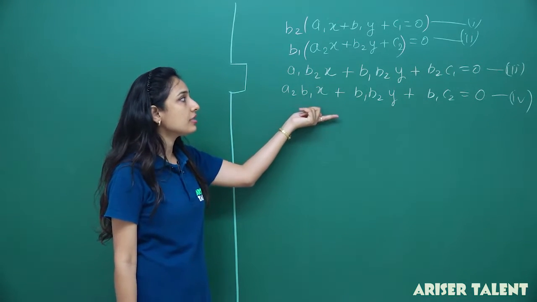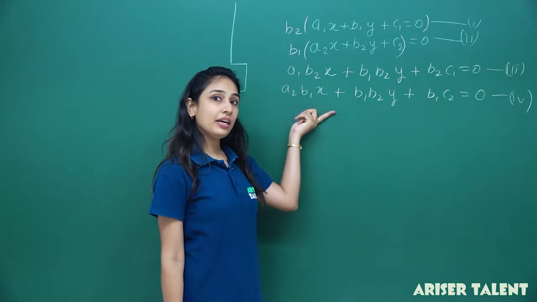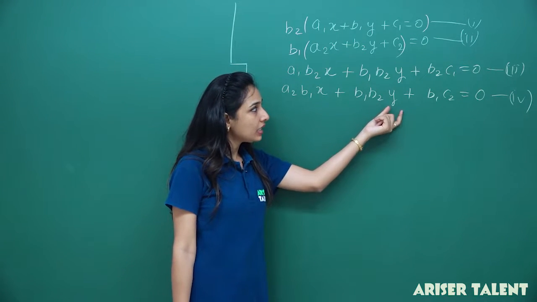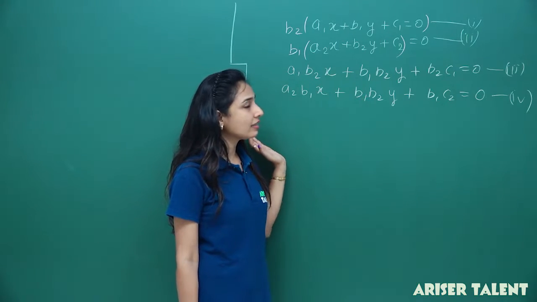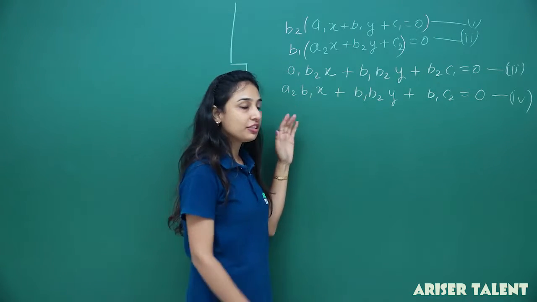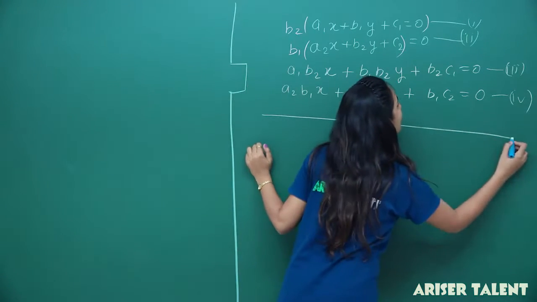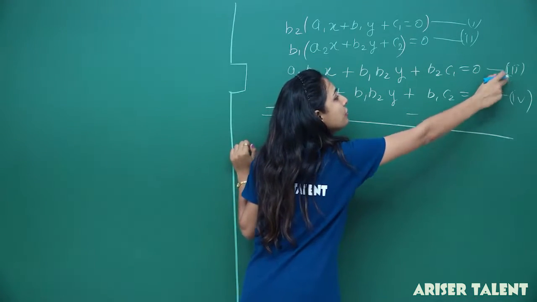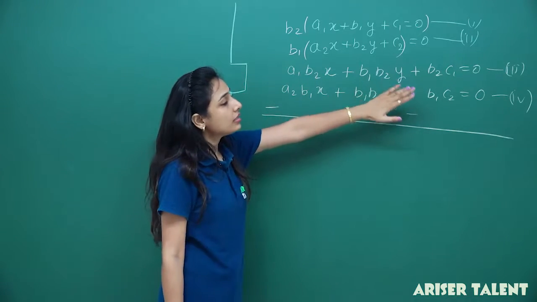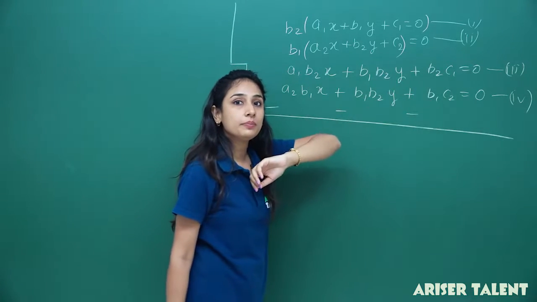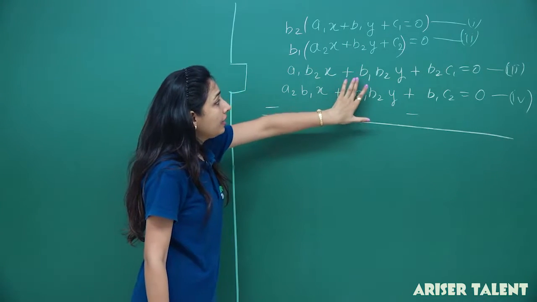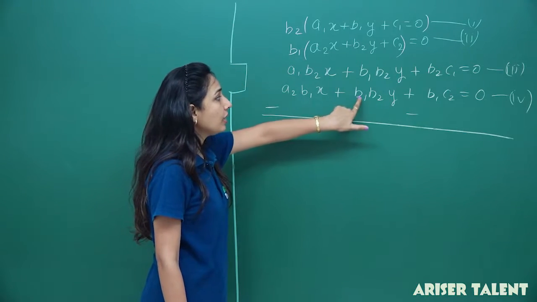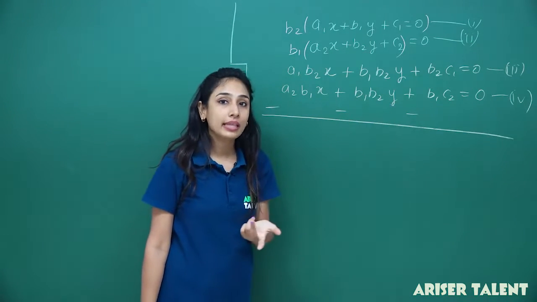Now see these equations very carefully. How can you eliminate this y? I don't like this y, so I'll just vanish it. How? I'll simply subtract equation 4 from equation 3, so b1 b2 y of positive sign will be cancelled by b1 b2 y of negative sign.